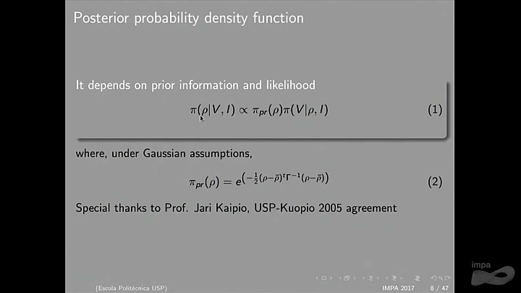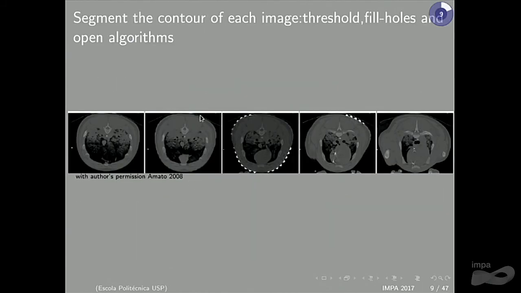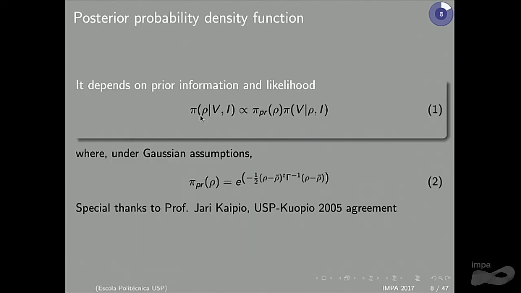And the idea was to use Bayes' theorem and to admit a prior probability density function that was Gaussian. So the idea of this theorem is very simple.